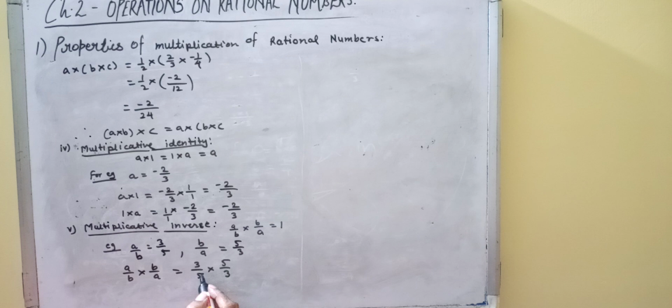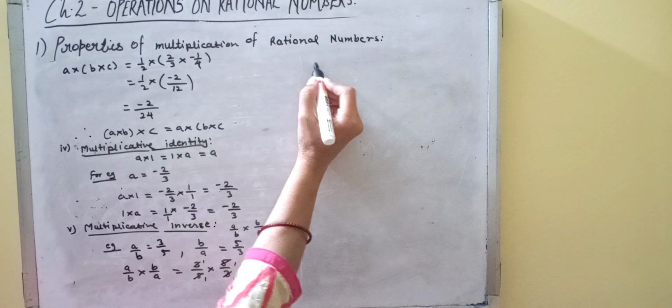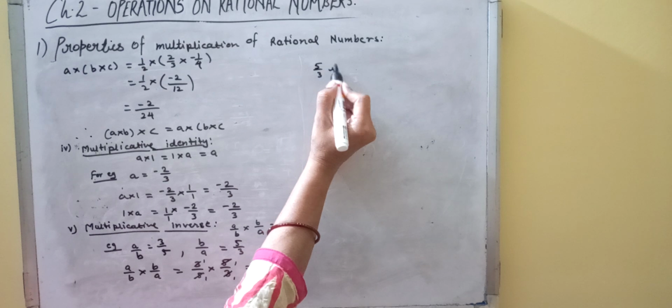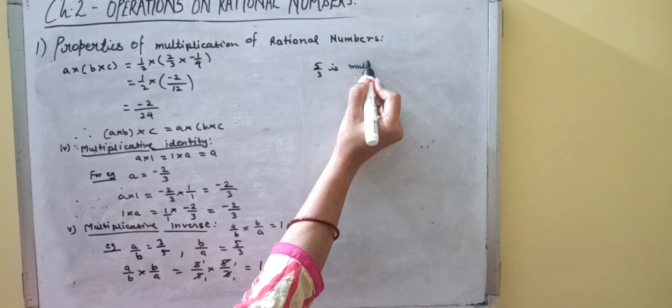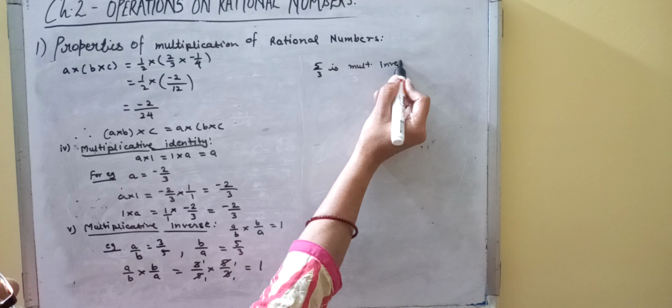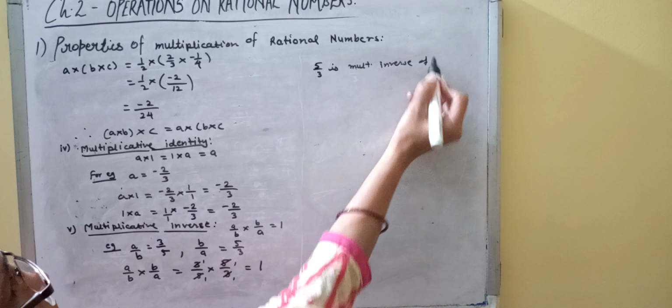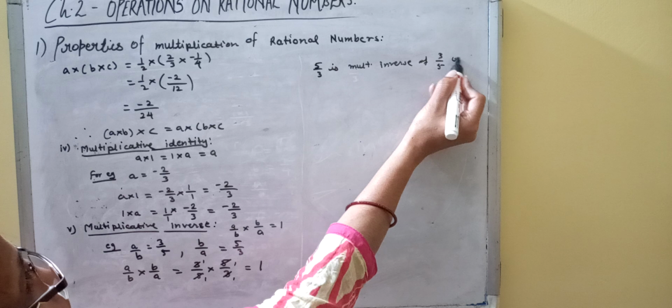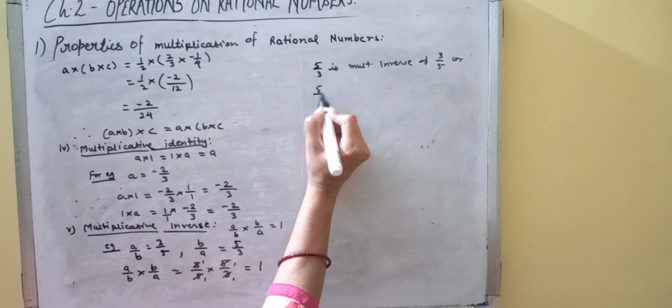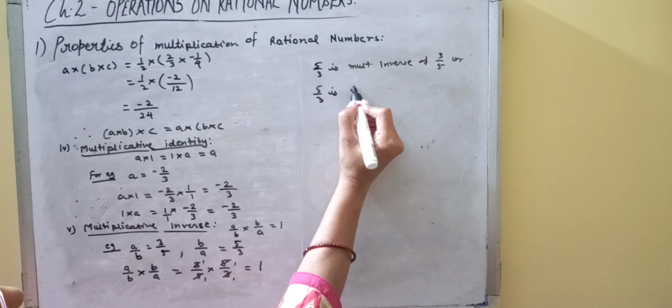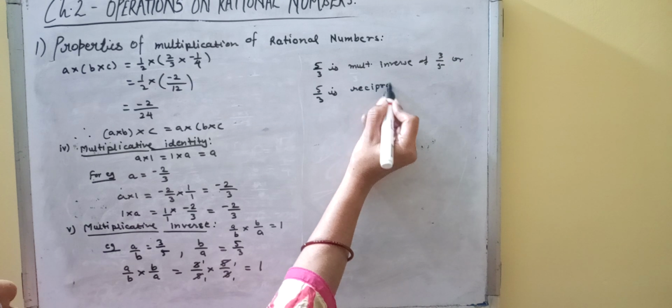When we solve this, what will we get? We will get 1. So this is the multiplicative inverse property. So we can say here 5 upon 3 is the multiplicative inverse of 3 upon 5, or 5 upon 3 is the reciprocal of 3 upon 5.